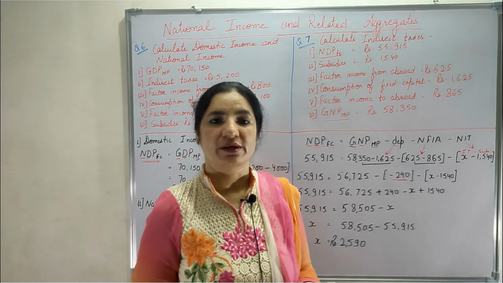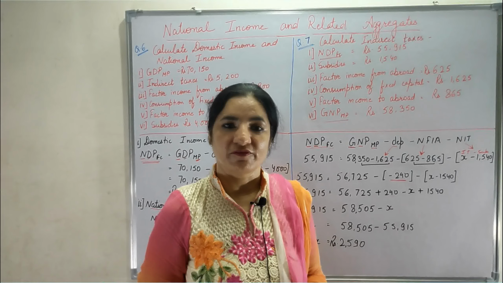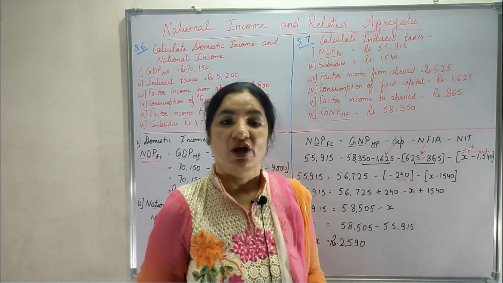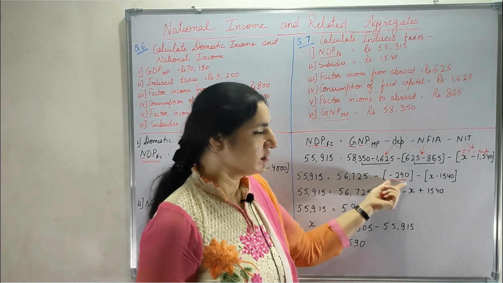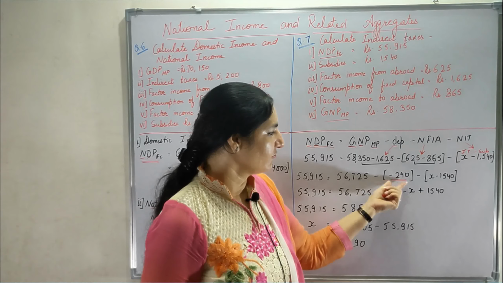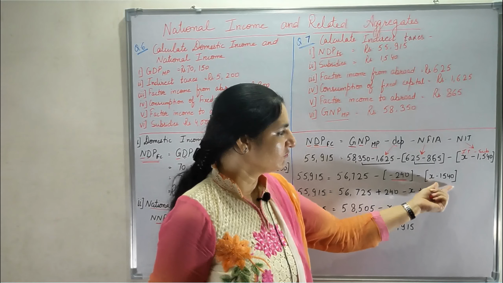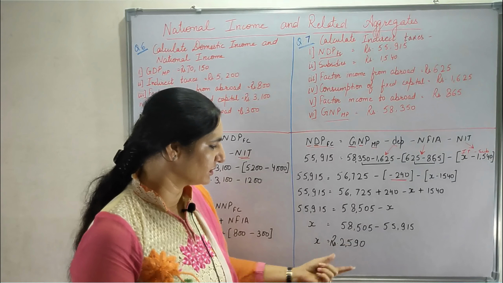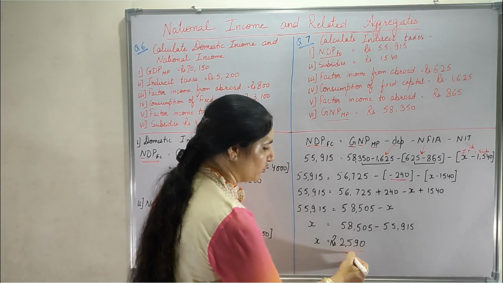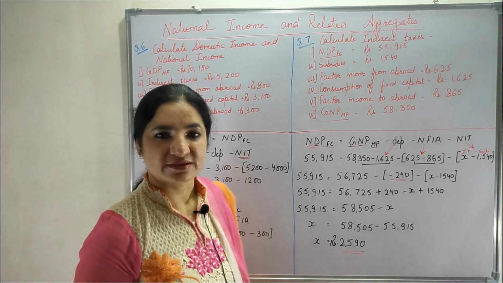I want to tell you here, NFIA may be negative, NFIA may be positive and it may be 0 also. So here it is coming in negative value, and further this is NIT. So, solving this equation further, we will arrive at the value of net indirect taxes.